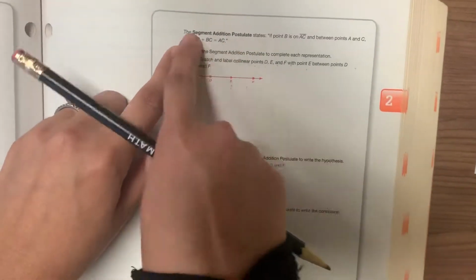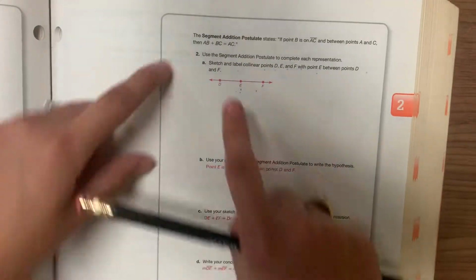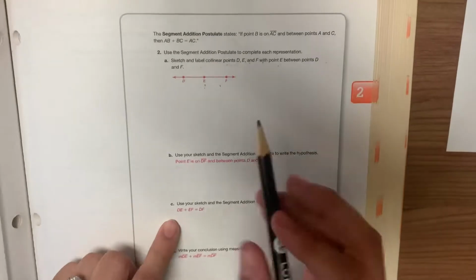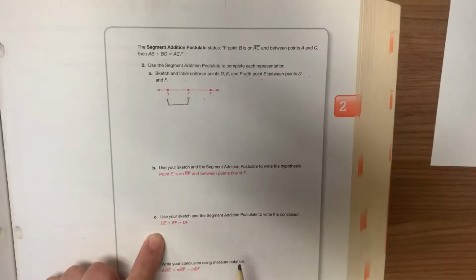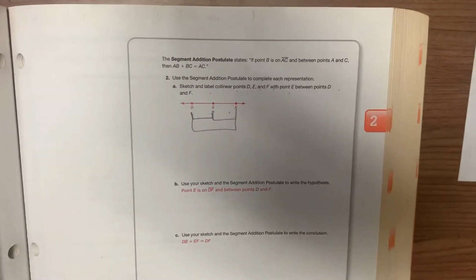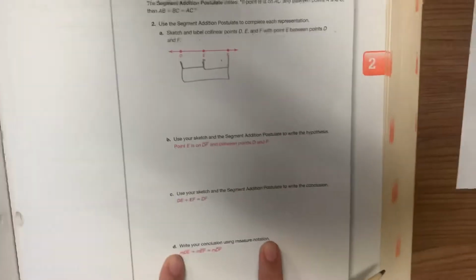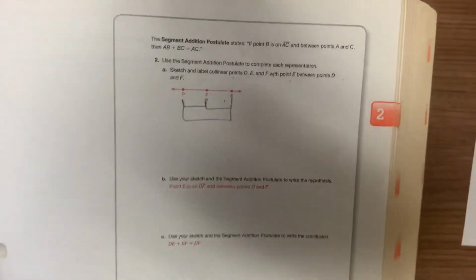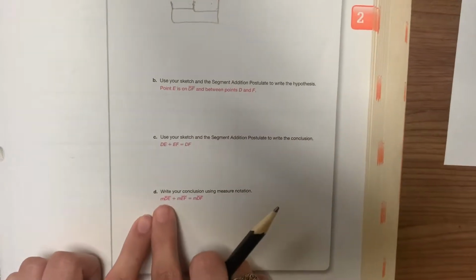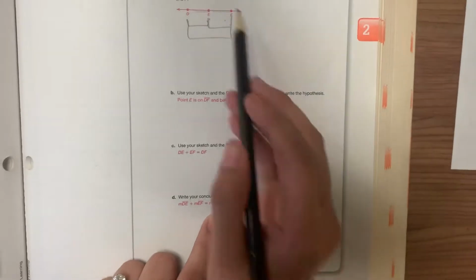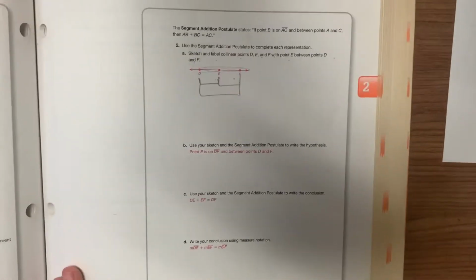The conclusion is the "then" part: AB plus BC is the entire thing. So I'm saying DE plus EF is the entire thing, DF. Now I just write it in measure notation: the measure of DE plus the measure of EF is the entire thing, DF.